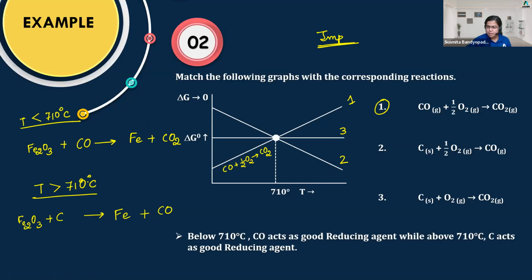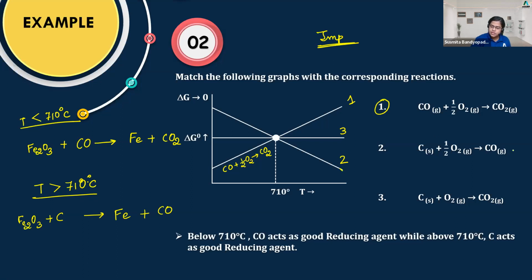Ma'am, if CO2 is more stable, then why does it become unsuitable after 710? After 710, it is observed. See, all our experimental observations and whatever they have told us. After 710, what we see is this reaction.